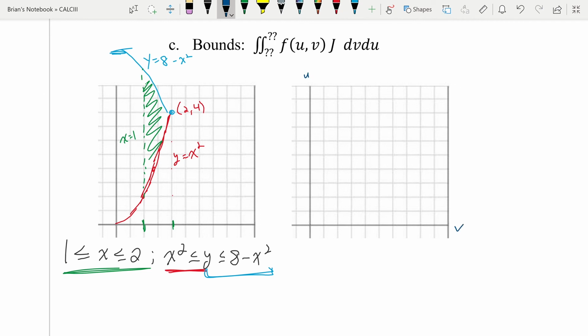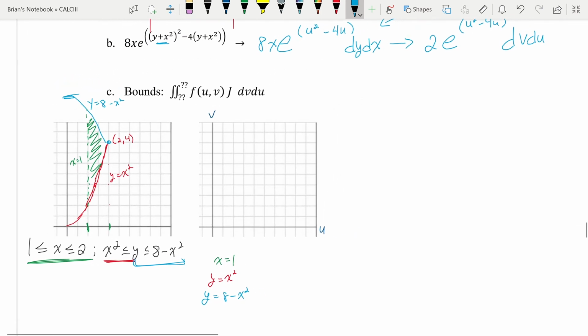The easiest way to do it is we write out our bounds on our line here. So we'll write out x is equal to 1. Our other bound is y is equal to x squared. And our last bound is y is equal to 8 minus x squared. Okay, just a refresher, so we have it down here.